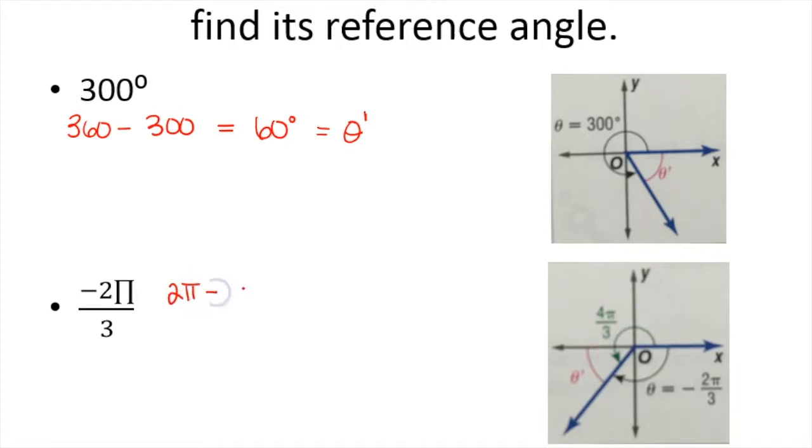So we have 2 pi minus 2 pi over 3 to get you 4 pi over 3, which is the positive version. But again, that one is still not an acute angle, so it cannot be our reference angle. But if you look at the picture over here, 4 pi over 3 lies in quadrant 3.